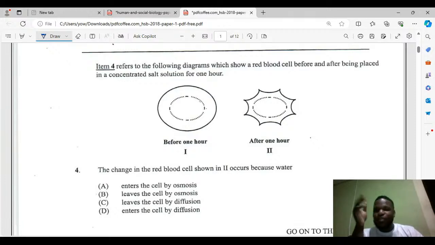Swatting doesn't work better than understanding, because the man who swats 20 papers can forget, while the man who doesn't swat can look through 5 papers and pass the exam with flying colors, because he understands the concept. So it's easy to say that is B. It can be nothing else but B.